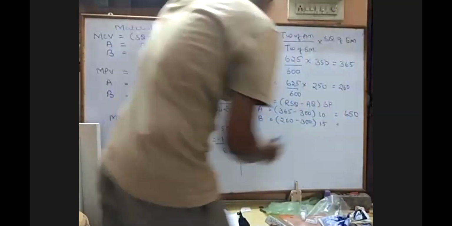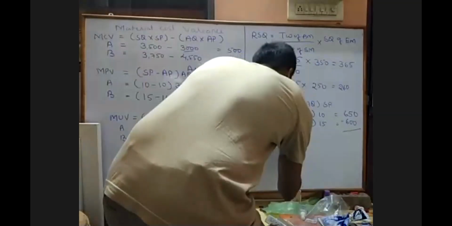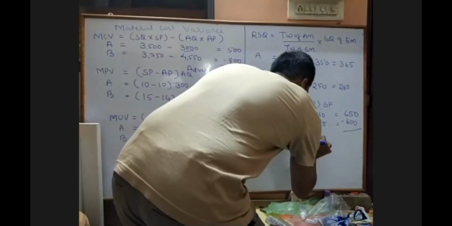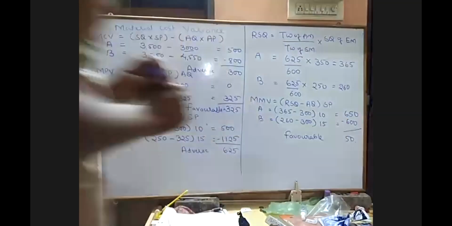That will be minus 600. Yes. Minus 600. So that gives us favorable 50. Favorable 50. Sir, actual quantity changes, sir.